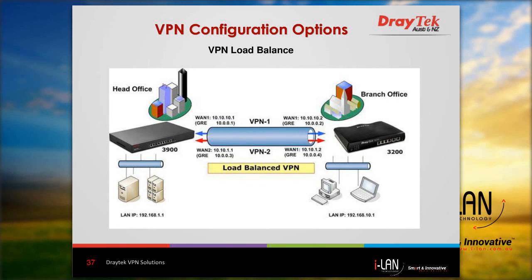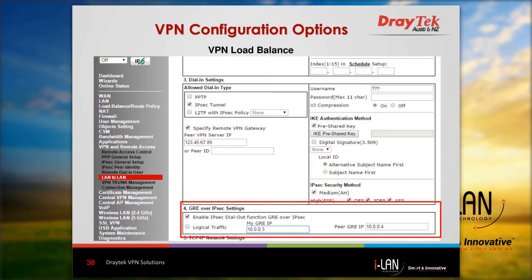And to do this, we also need to set up two IPsec VPN tunnels, and also set up GRE, which I don't think you'll notice on the diagram. We also have to allocate GRE IP addresses. So there's a bit of configuration involved here.